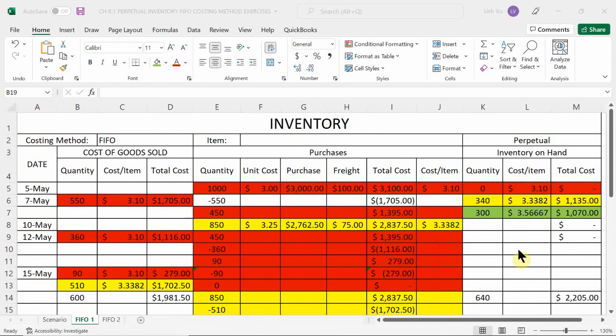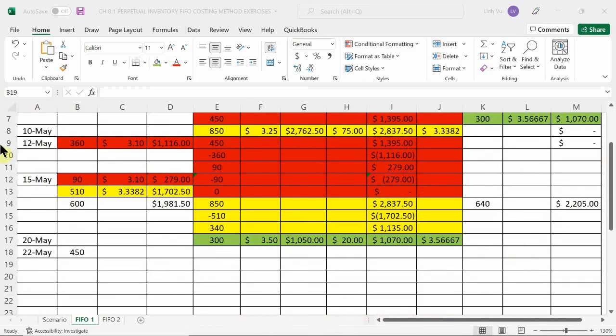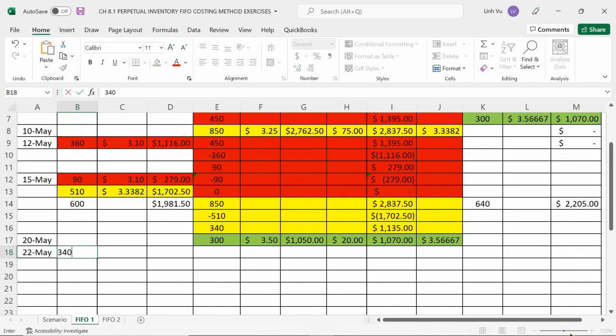All right, so in this case, I have 640 units, right? I have my yellow batch at 340 and my green batch at 300. Do I have enough from my yellow batch to sell all 450 units? No, I don't. So in this case, I have to split them up once again. So therefore, I need to get a grand total of 450 units. But I know for a fact that my yellow batch is currently having 340 units.